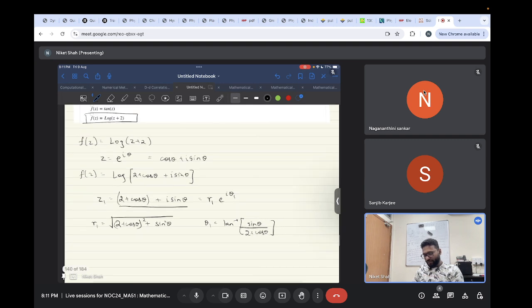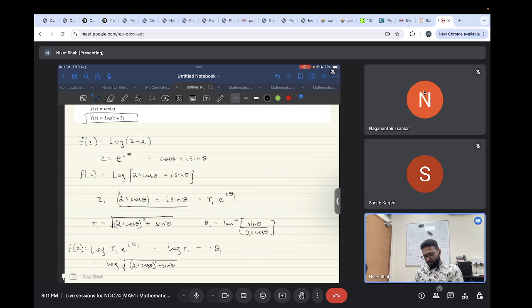So now substituting this inside log r1 e raised to power I theta 1, f of z is this. So this is equal to log r1 plus I theta 1, which is equal to log square root of this function 2 plus cos theta the whole square plus sine square theta.